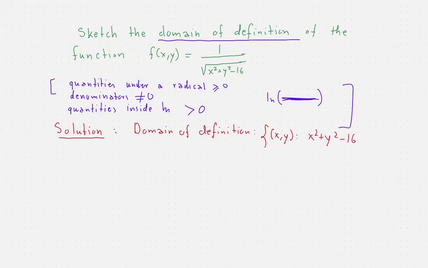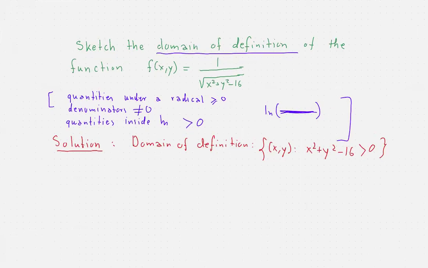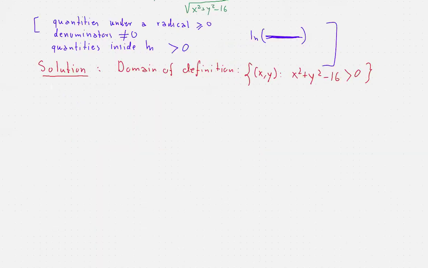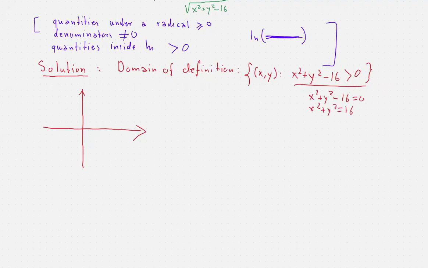And then the next question, since the problem is asking to sketch, is can we figure out what this set is? We start by the fact that if we take equality here, so if we take x squared plus y squared minus 16 equals 0, meaning x squared plus y squared equals 16, this is a circle of radius 4 centered at 0.